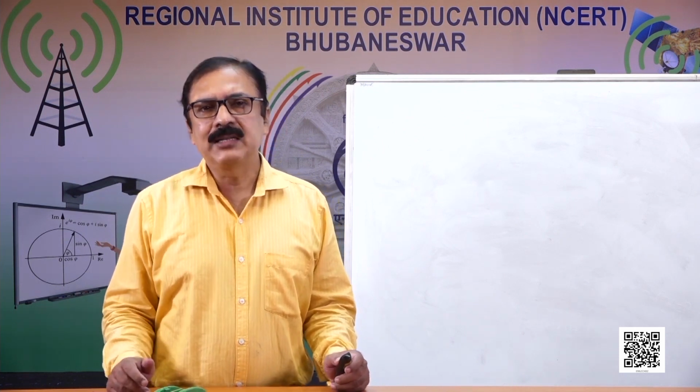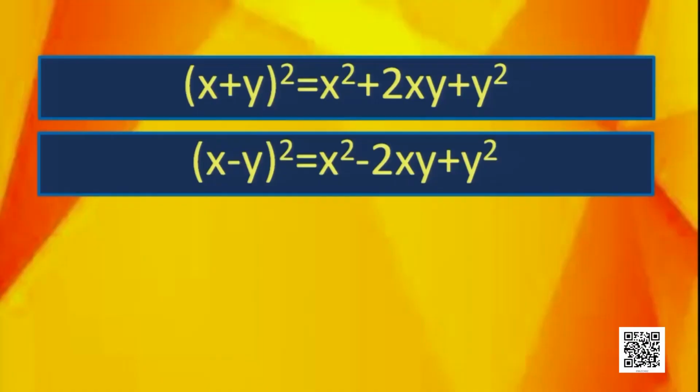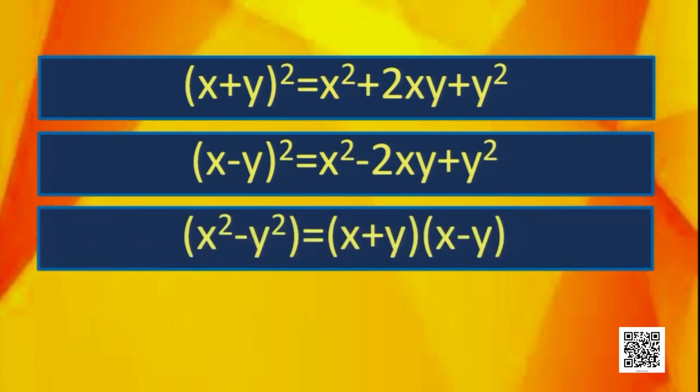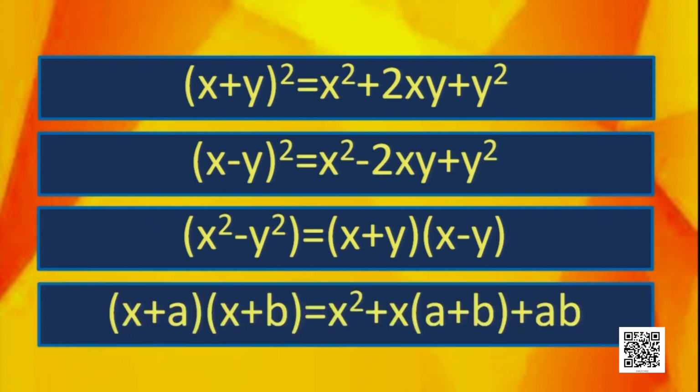Some more identities are: (x minus y) whole square is equal to x square minus 2xy plus y square, and x square minus y square is equal to the product of (x plus y) and (x minus y), and (x plus a) into (x plus b) is equal to x square plus x into (a plus b) plus a into b.